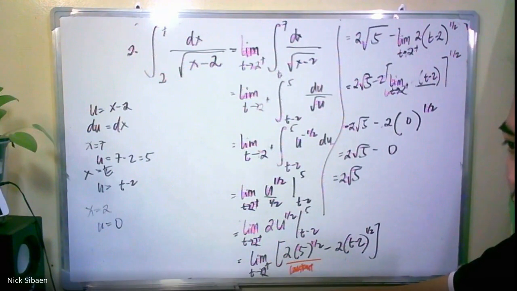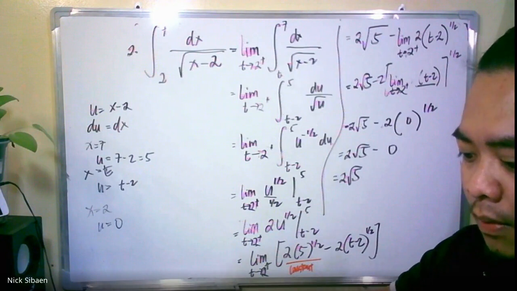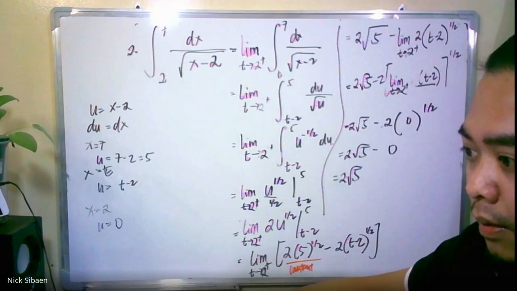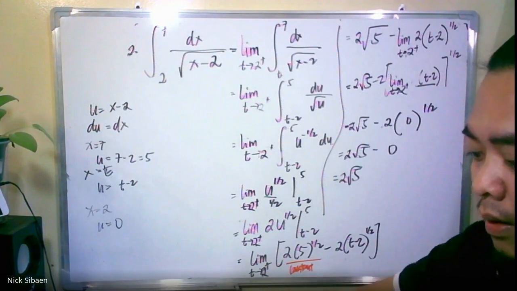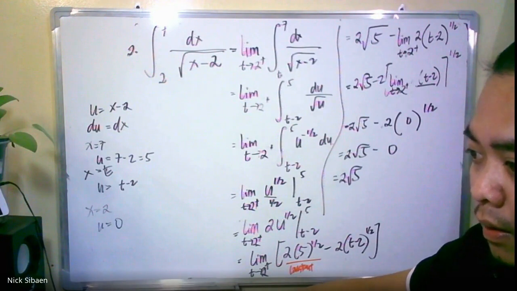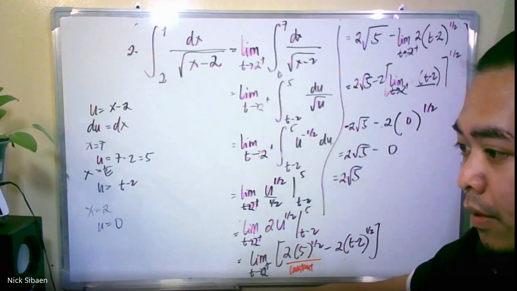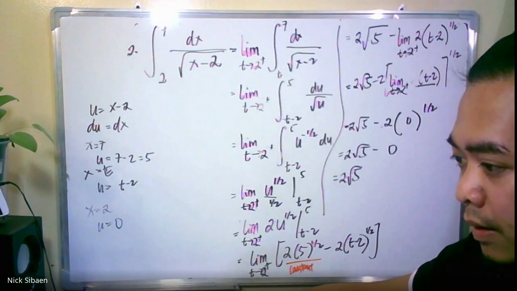What function is that? 1 minus x 3/4. What are the limits?